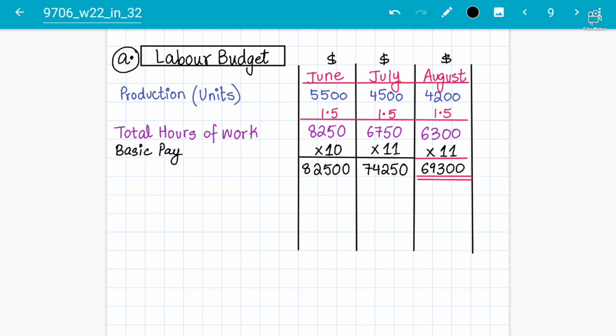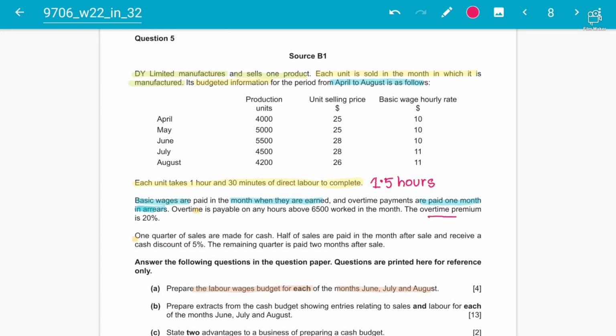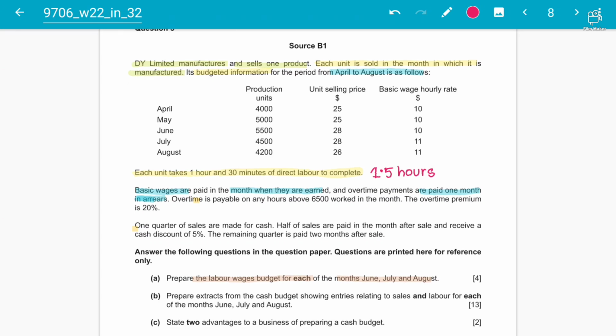Now you will add the overtime, because you are calculating the total cost. Overtime will be the premium. The overtime premium is 20%, which means 10 into 20% for June, and for July it will be different. So students, we will work out the overtime payment.